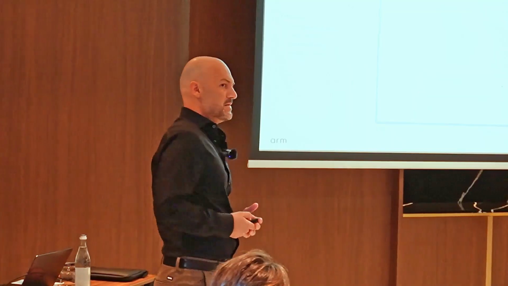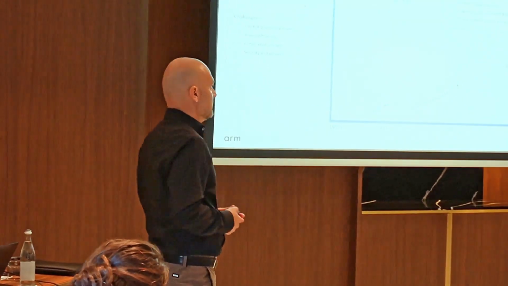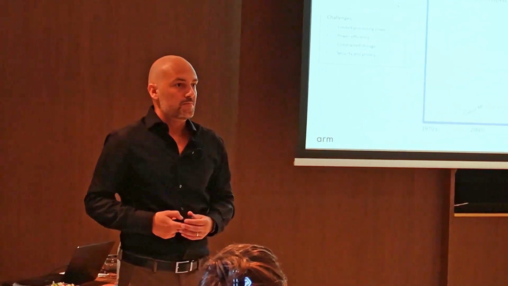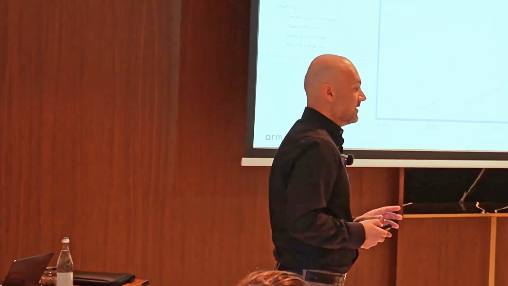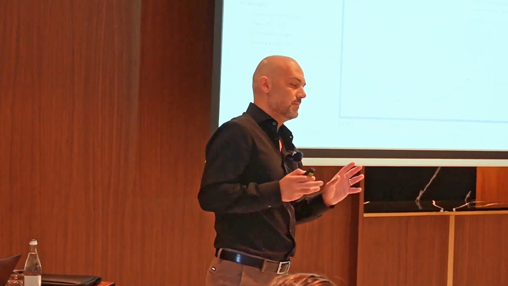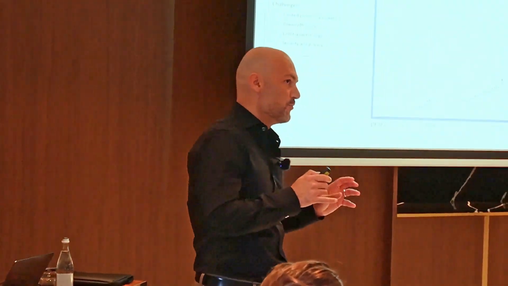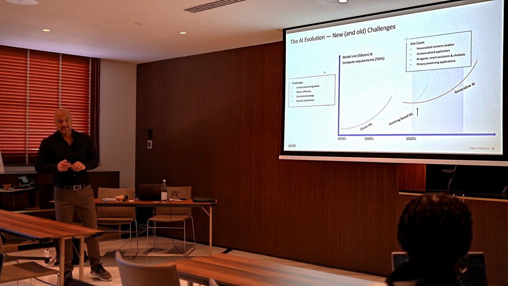We also probably need a bit more data availability on board, because these models are getting larger. And hopefully I will provide a reason behind why we need more compute and why we need more memory availability in a bit.